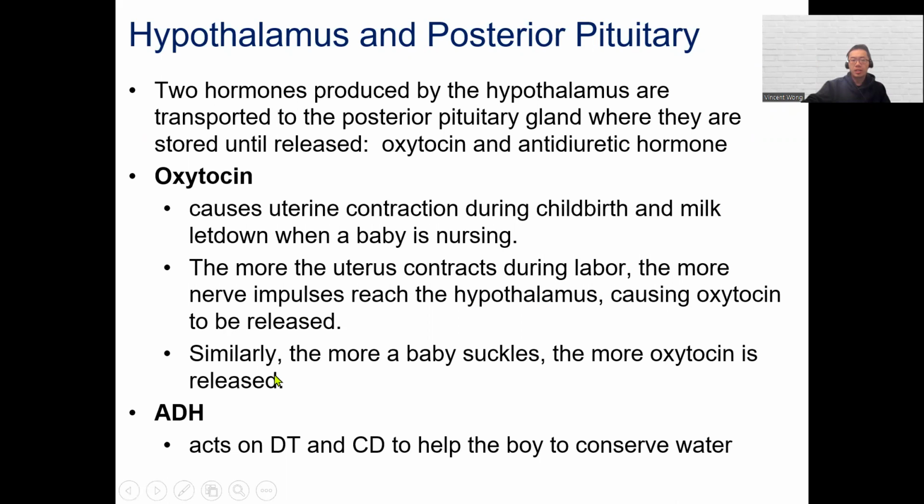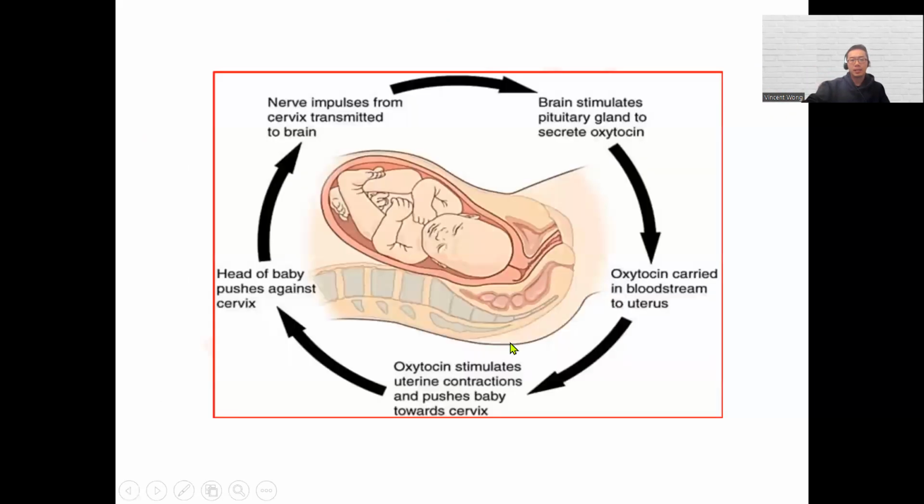Similarly, for nursing, the more the baby suckles on the breast, the more oxytocin is going to be released, which then causes more milk to be released. So this creates a feedback cycle that would ultimately keep on exaggerating the contraction until the baby comes out.